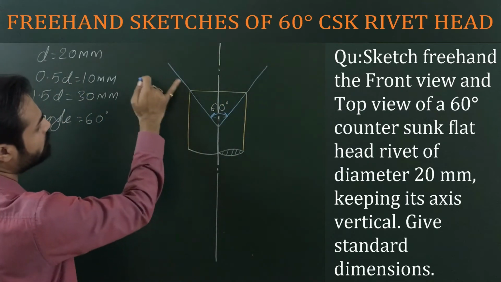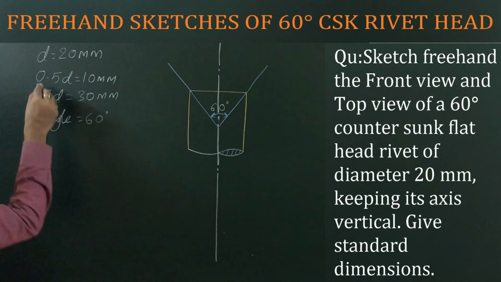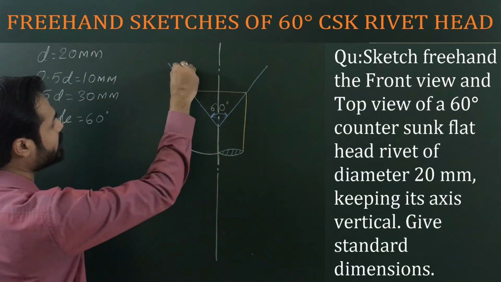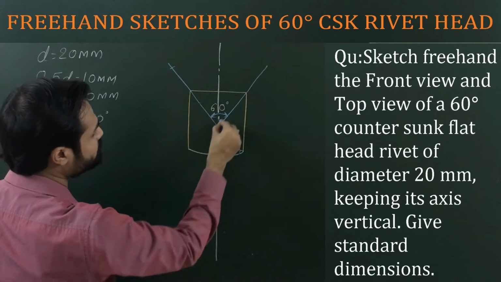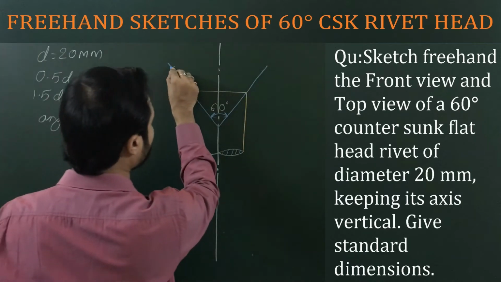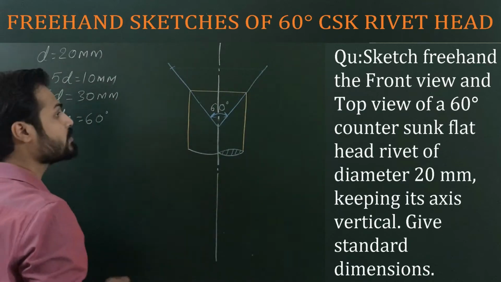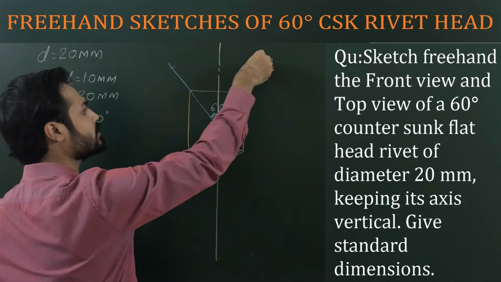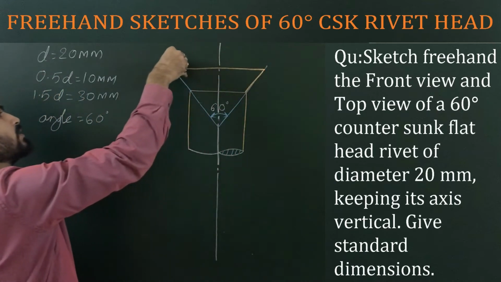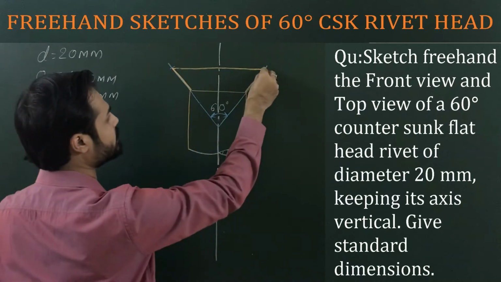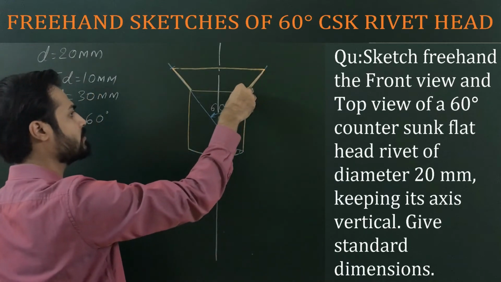Right, now along this line mark a length of 0.5 of D. So from this point 0.5 of D, similarly from this point along this line 0.5 of D. Right, so this is the upper part of the CSK type rivet head.